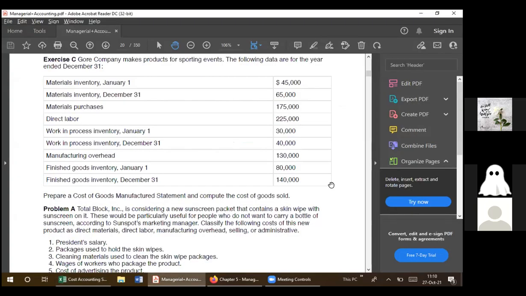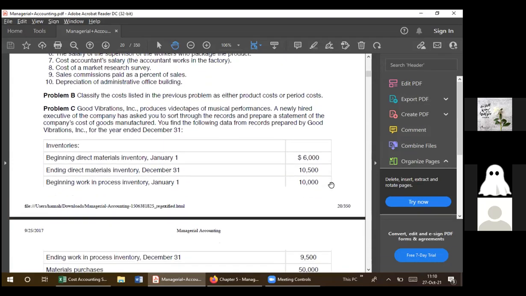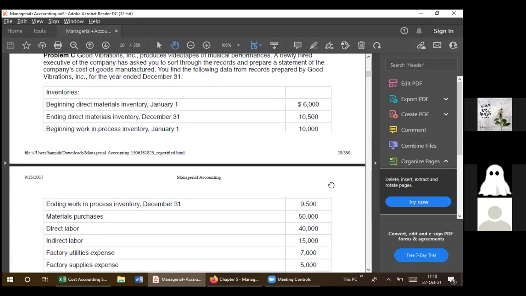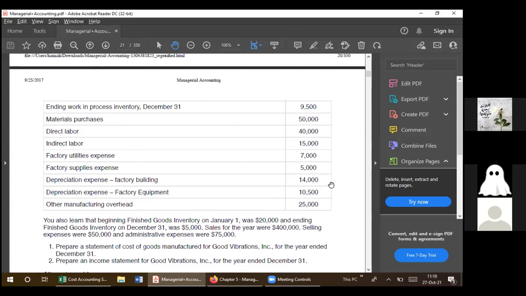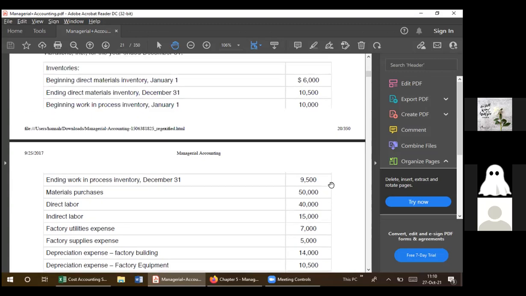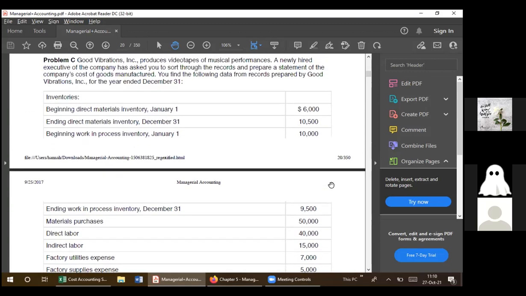So, any other problem they have here? Try if you can solve problem number C. I will just mark your attendance and then we'll solve problem number C.